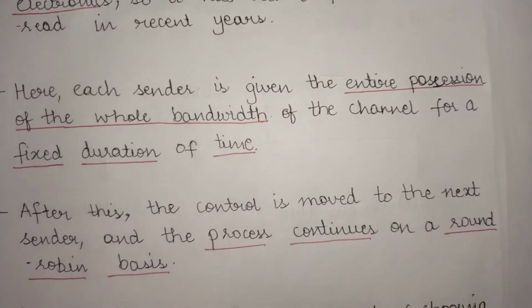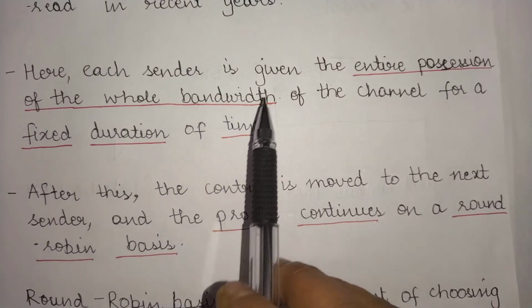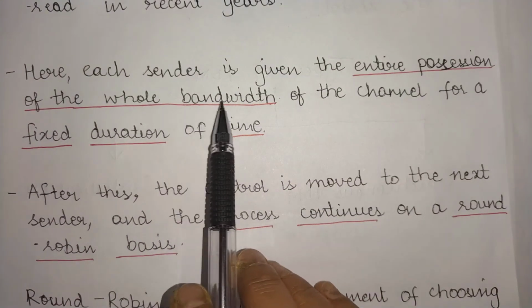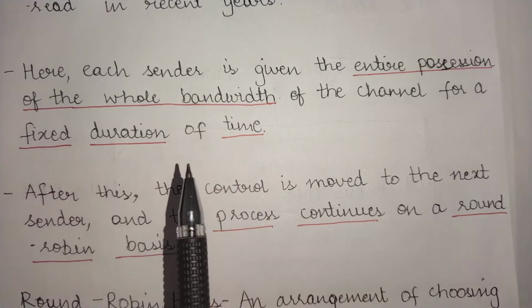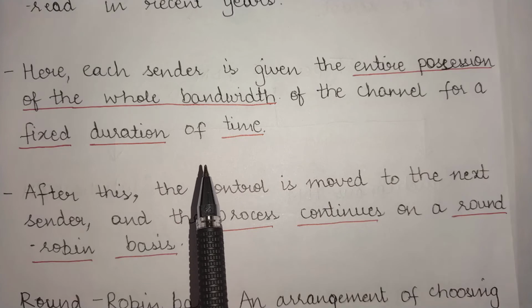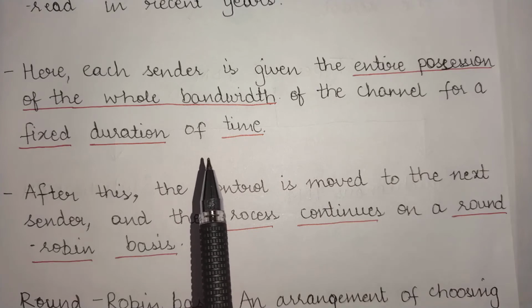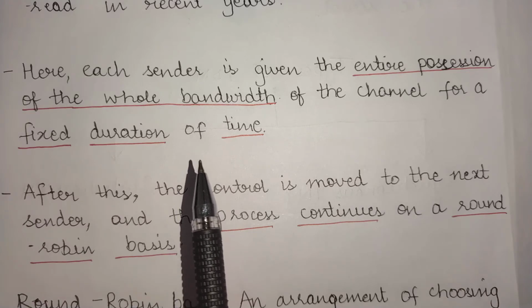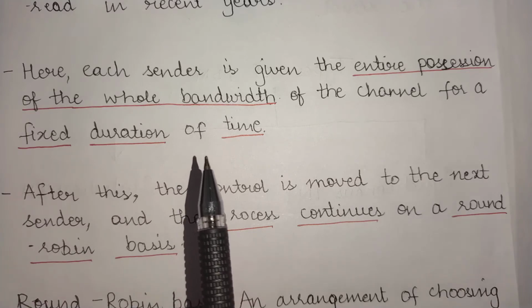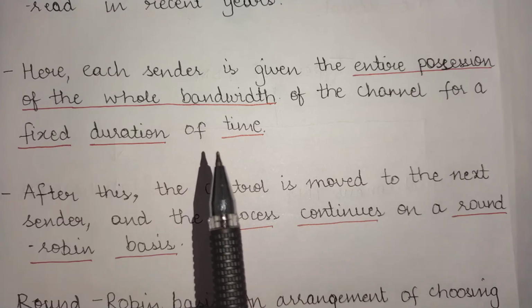Now here each sender is given the entire portion of the whole bandwidth of the channel for a fixed duration of time, right? So instead of dividing the frequencies, you are dividing the time, and you say that this particular sender will have the complete bandwidth of the channel for a fixed duration of time.